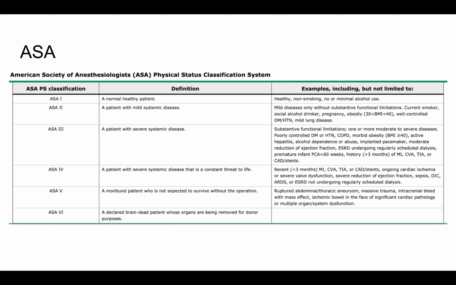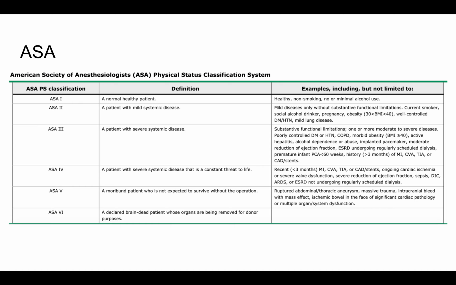They have substantial functional limitations, one or more moderate to severe diseases: poorly controlled diabetes or hypertension, COPD, morbid obesity, hepatitis, alcohol abuse, a pacemaker, reduced EF, end-stage renal disease undergoing dialysis, or recent history of MI, CVA, TIA, coronary artery disease, and stents. ASA class 4 is a patient with severe systemic disease that is a constant threat to life.